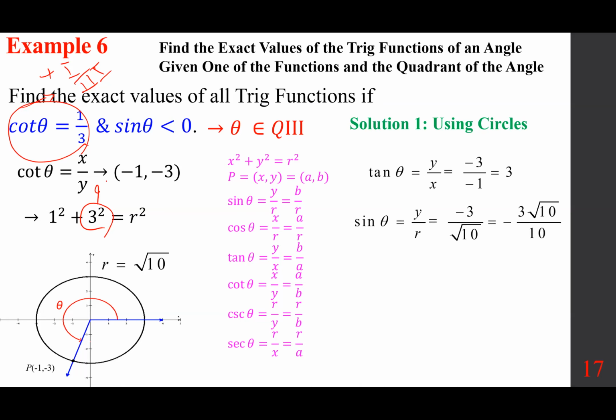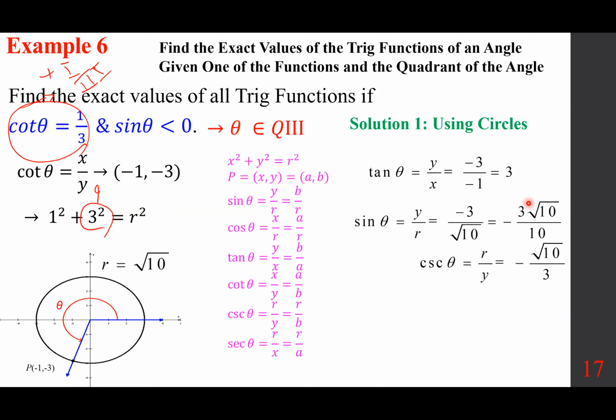Again, going through this pretty fast, but I hope you realize when you are asked to solve a case like that, you must come up with the quadrant. You must come up with the values for x, y, r. When we have those, the rest becomes a piece of cake. So tangent, y over x, sine, y over r, cosecant, r over y, the reciprocal.